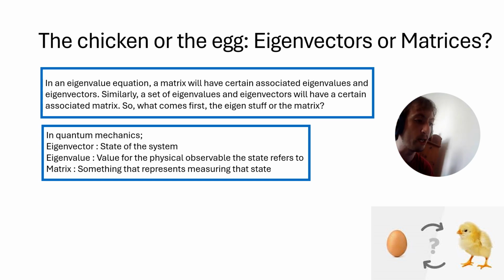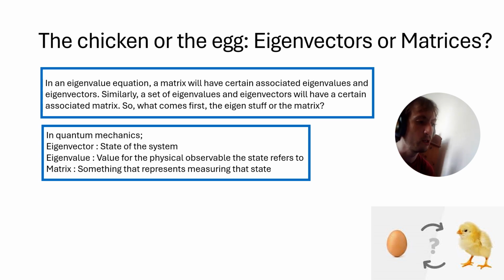The eigenvalue represents the value we would measure for that physical observable if we found that system in that classical state, and the matrix represents measuring that physical observable.